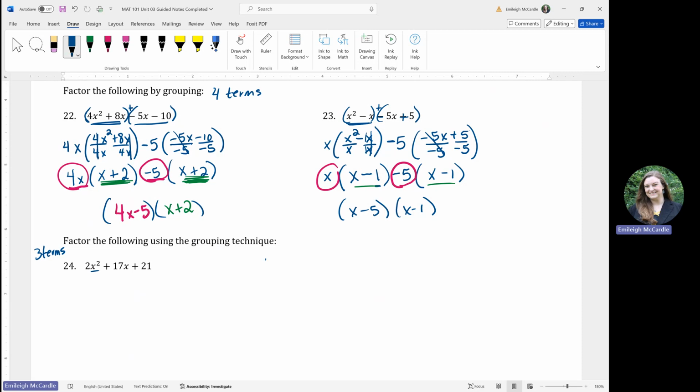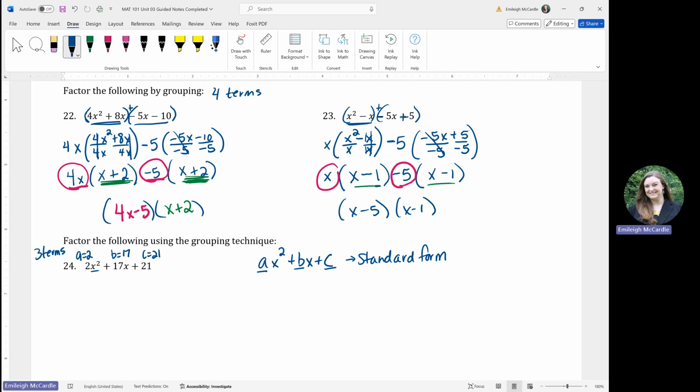Ax squared plus bx plus c is the standard form. The a is the number in front of x squared, including the sign. The b is the number in front of x, including the sign. The c is the constant, including the sign. So in this problem, a is 2, b is 17, and c is 21.